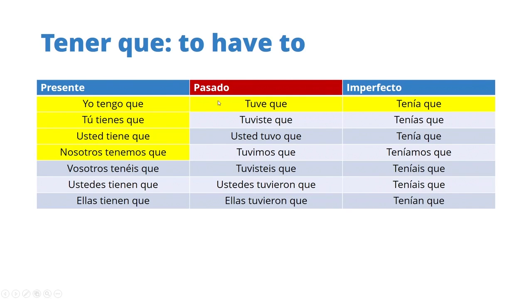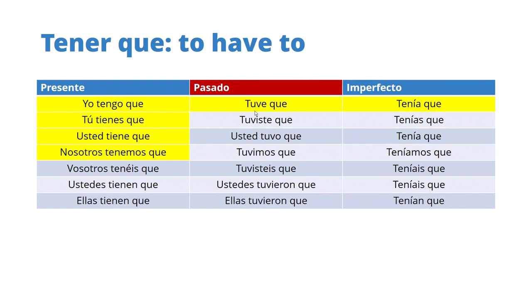And then go on to the past tenses, tuve que and tenía que. Now you can learn more about the difference between preterite and imperfect in a different series of videos, but basically it's this. Tuve que means I had to, and it insinuates that I actually did it. So yesterday I had to go to the store.